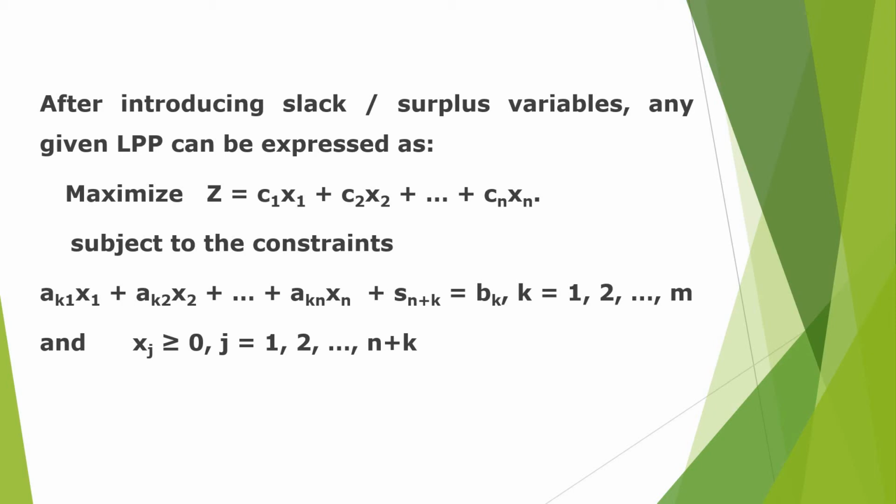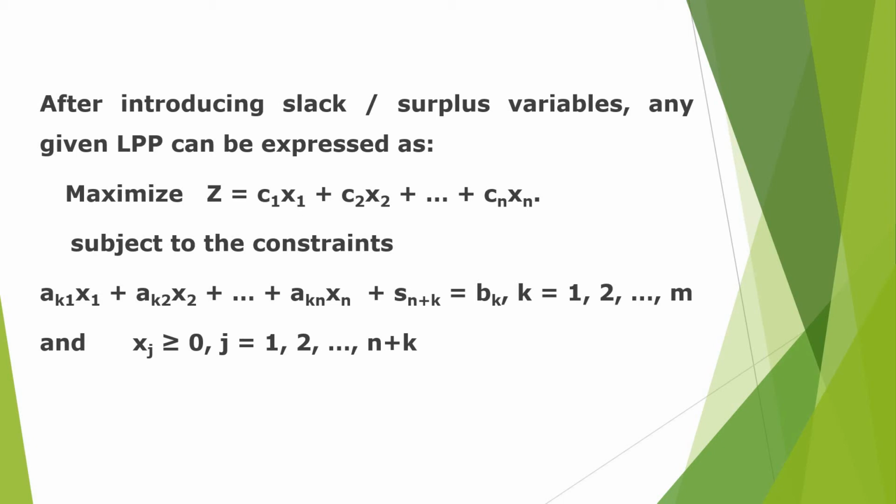Now let us see what happens after introducing slack or surplus variables in the canonical form of the linear programming problem. So we have maximize z equal to c1x1 plus c2x2 plus cnxn subject to the constraints ak1x1 plus ak2x2 up to aknxn plus snk, that is the slack variable, equal to bk.